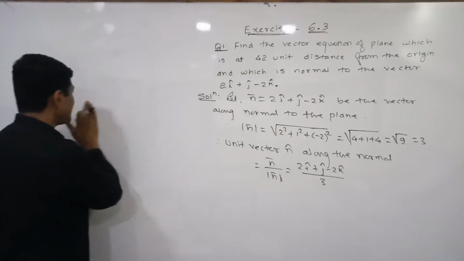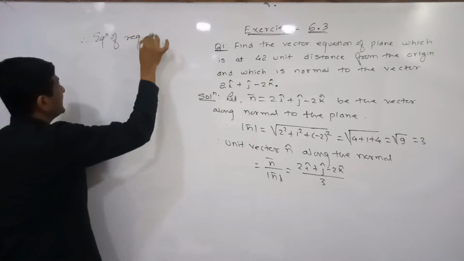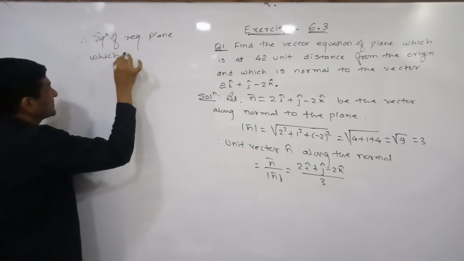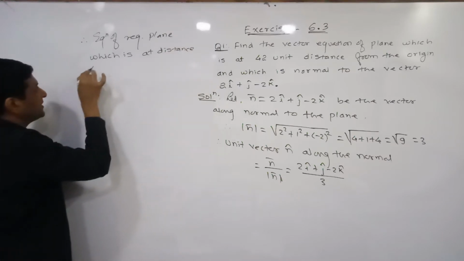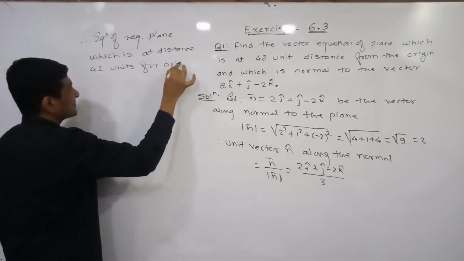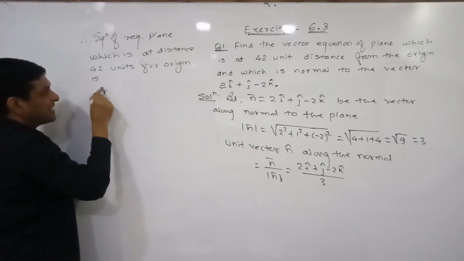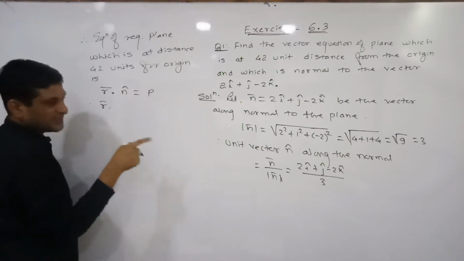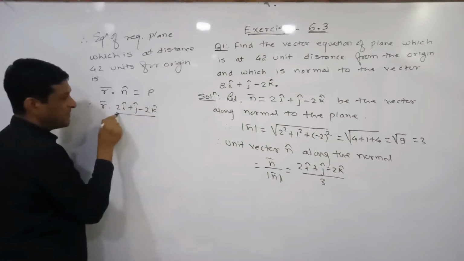So therefore the equation of the required plane which is at a distance, how much distance? 42 units from the origin, is R bar dot n cap is equal to P. So R bar dot, what is the value of n cap here? 2i cap plus j cap minus 2k cap divided by 3.